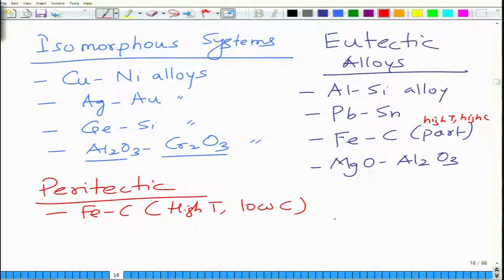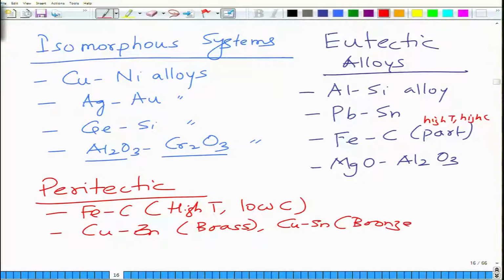The high temperature low carbon part shows the peritectic reaction. Similarly, copper zinc system, that is brass, copper tin system, bronze. There is a substantial difference between the melting points of the two elements, that is why they show peritectic reactions. You can have nickel rhenium system, and various other systems where you have large differences in the melting point, they show peritectic reactions.